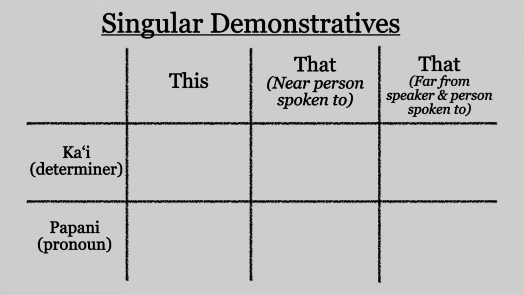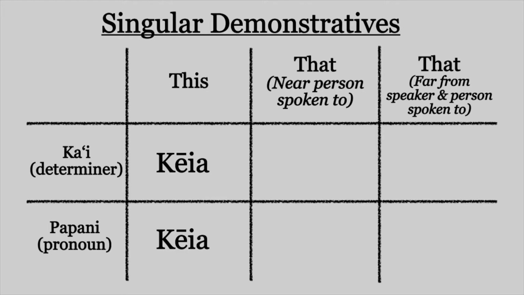Okay, let's wrap up by reviewing all of our demonstratives one more time. Let's begin with our singular demonstratives, starting with this. As a ka'i, we use keia, such as keia puke, this book. As a papani, we also use keia, such as he puke keia, this is a book.